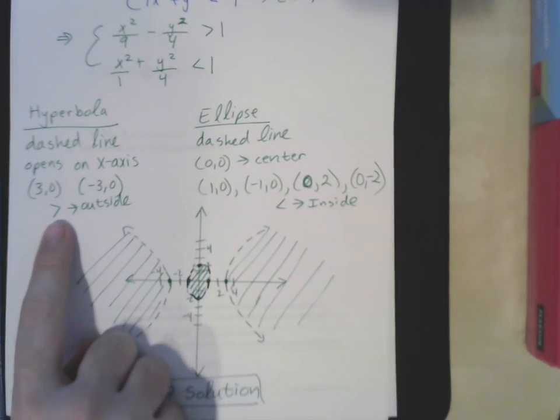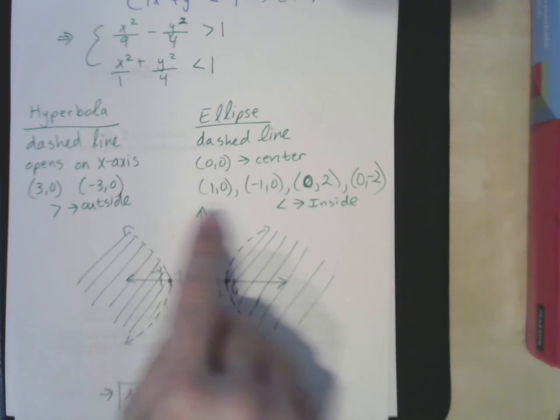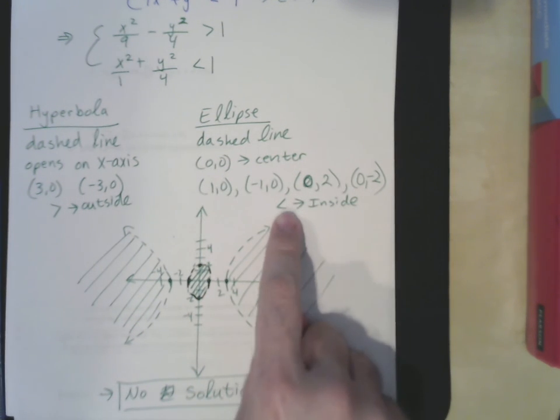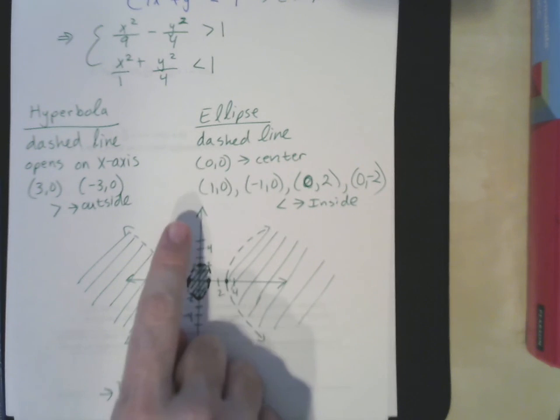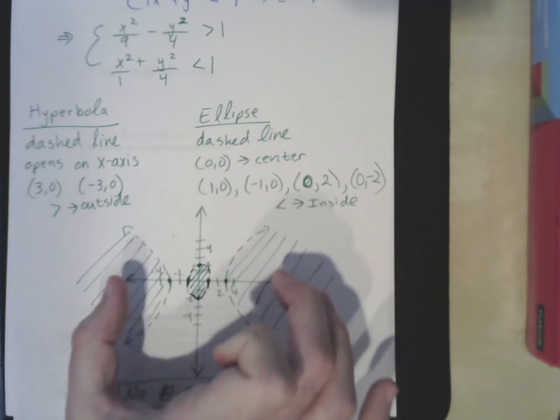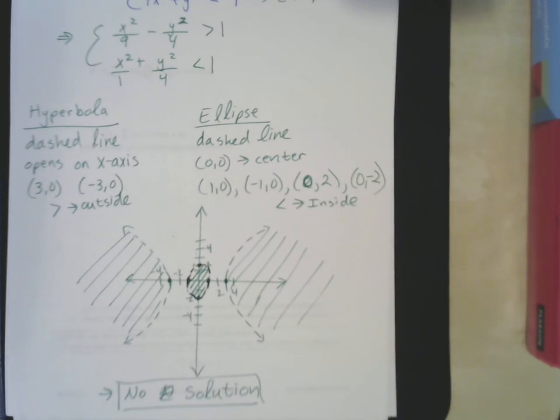If this was inside instead of outside, we'd be shading here in between the hyperbola, and then our solution would be strictly inside the ellipse. Similarly, if we change the ellipse to greater than and make it outside, we'd be shading all outside of the ellipse, and that would make these two regions our solutions as well. So keep that in mind as you work through these problems.